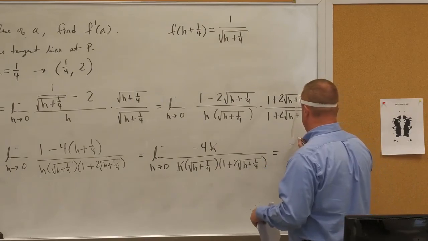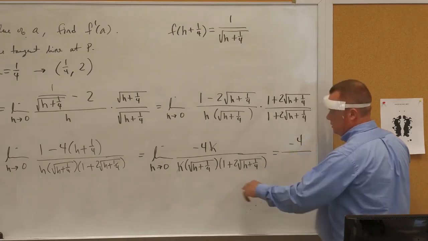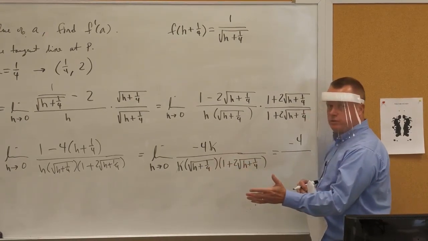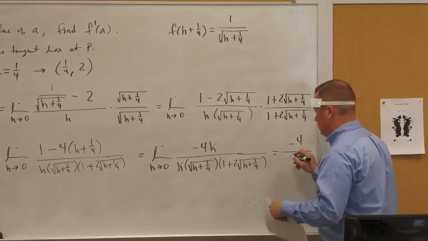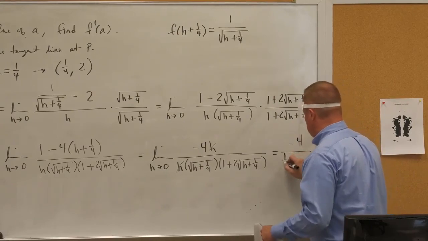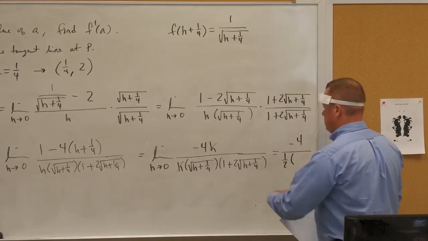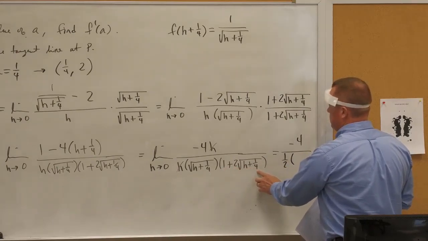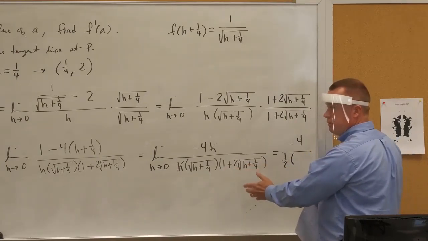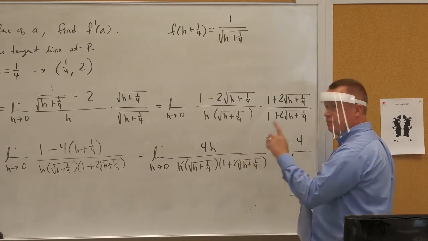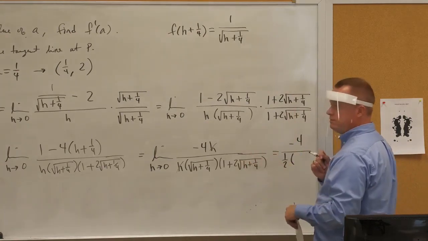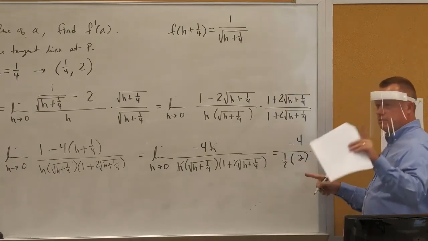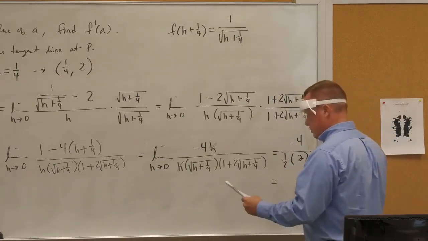I get negative 4 over 0 plus 1/4, that's the square root of 1/4, which is what? 1/2, times 1 plus 2 times the square root of 0 plus 1/4, that is a fourth. Square root of a fourth is a half. 2 times a half, 1. 1 plus 1, 2. A half times 2, 1. So the slope is negative 4.